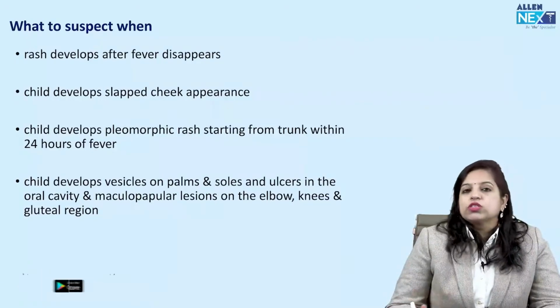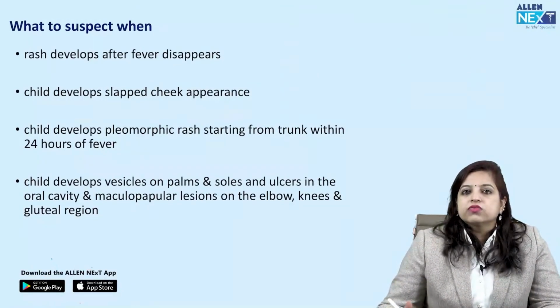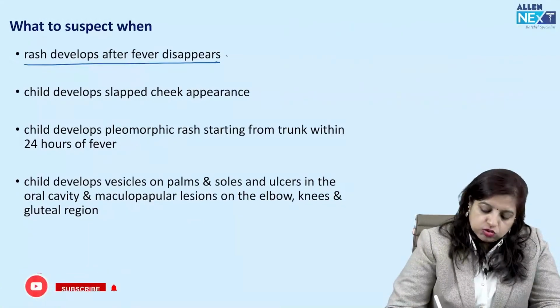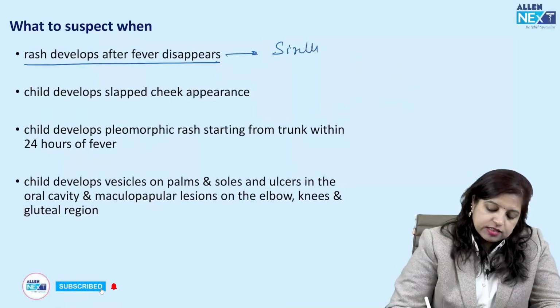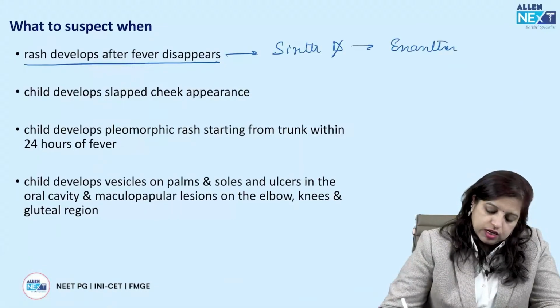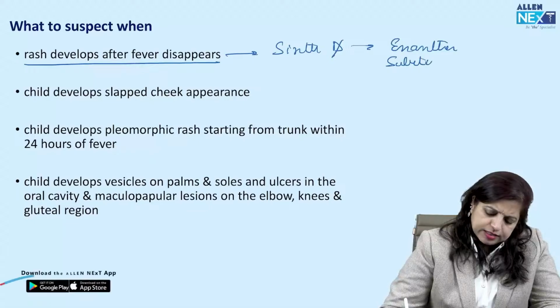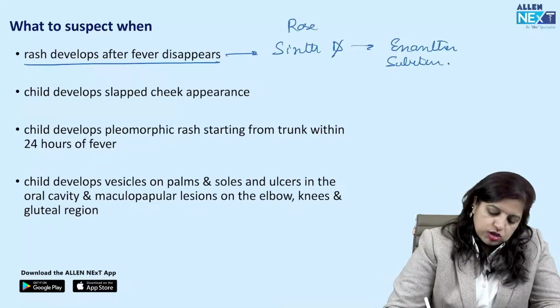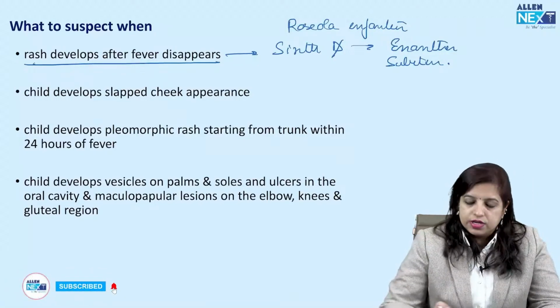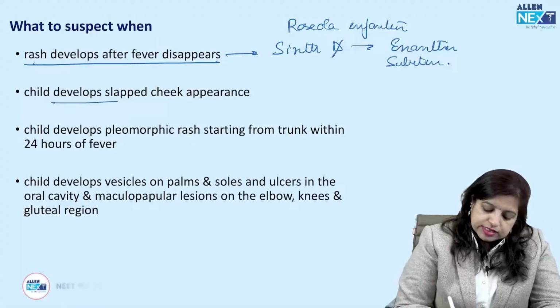Now, what to suspect? I've just summarized what to suspect when the rash develops after fever disappears. This is nothing but your 6th disease, also known as exanthem subitum. Okay, right? So remember this, exanthem subitum or roseola infantum. Typically the rash will develop when the fever disappears. Now the child develops a slapped cheek appearance.